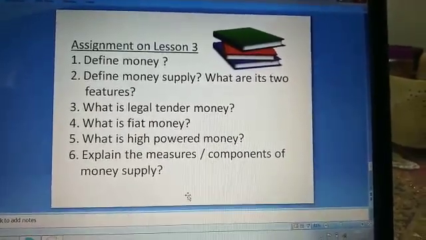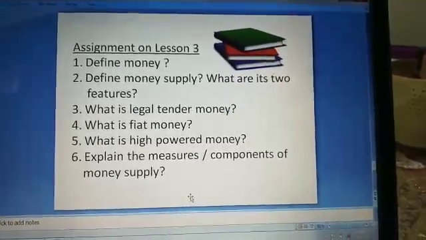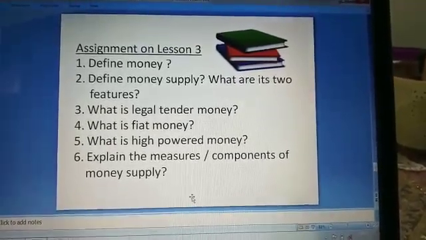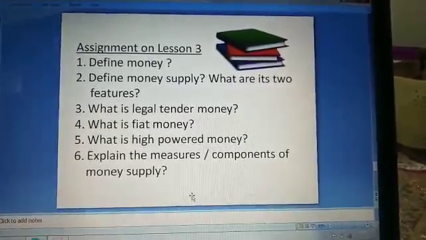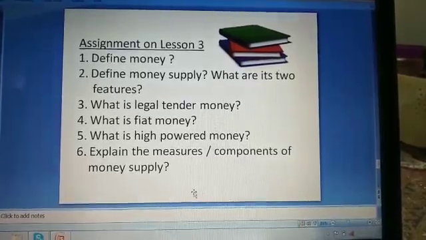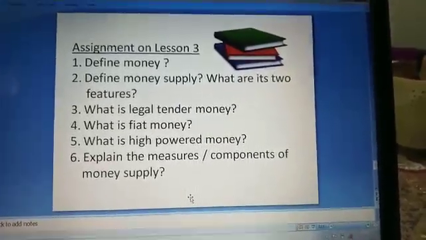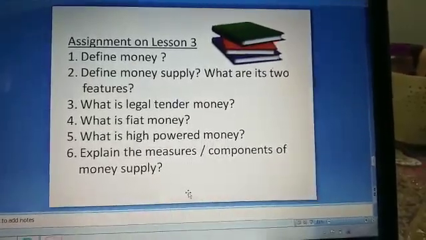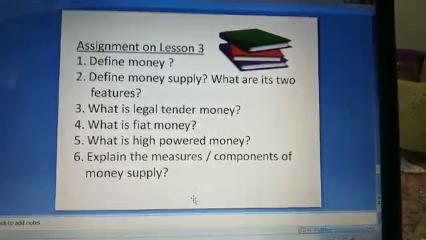Then what is legal tender money, fiat money, and high powered money? All these, if you don't remember, you can refer to the previous lessons. And the last one, the components of money supply, you will write about currency with the public and demand deposits with the bank. Now, all these answers should be in detail and self explanatory.